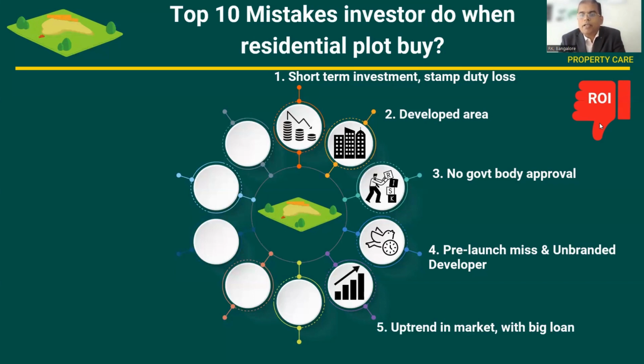Investors also go and buy when the trend is up; generally we should look for a trend that is not up, to invest better in residential properties. Investors also take big bank loans to invest in property, intending it to be long term. Over a period of time, the appreciation is not very good compared to the interest we pay to the bank. So we have to be careful about getting a loan from the bank.